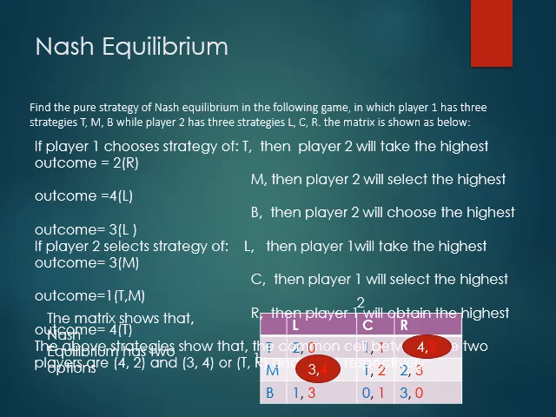This combination means strategy M and strategy L. This matrix shows that Nash equilibrium has two options, TR and ML, or 4, 2 and 3, 4.